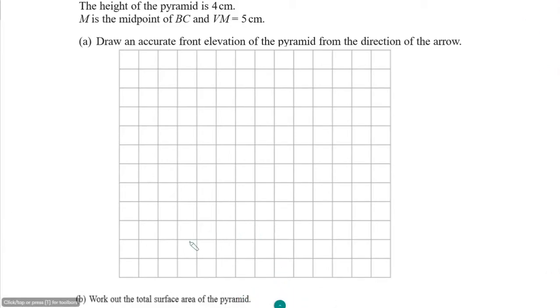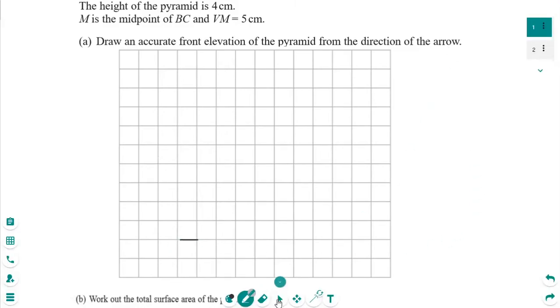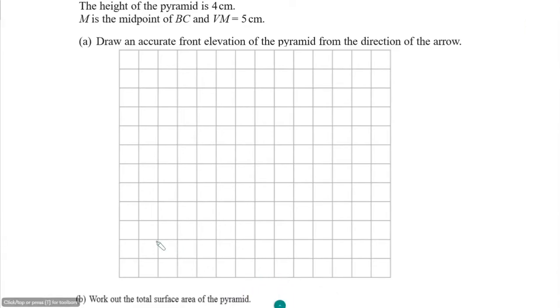So I'm going to draw from here 6. Okay, make 6. 1, 2, 3, 4, 5, 6. Good.